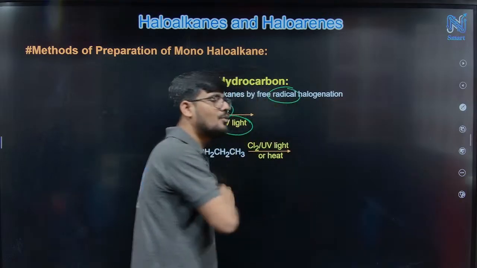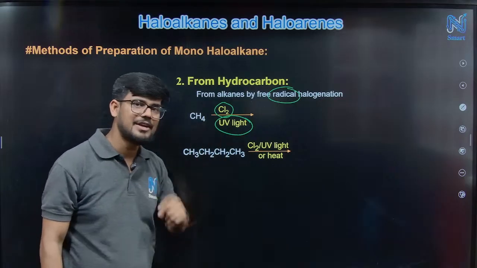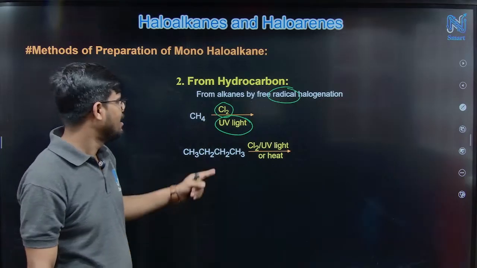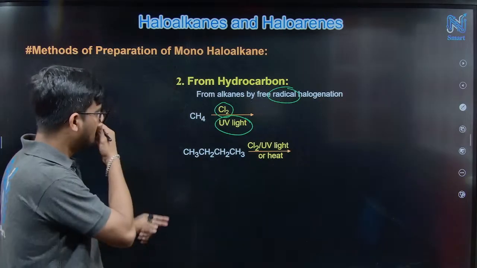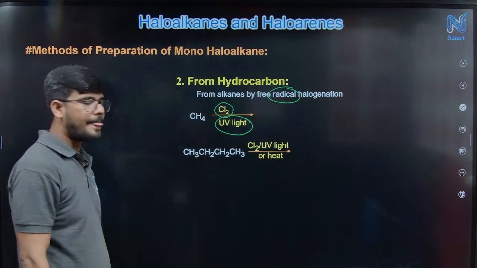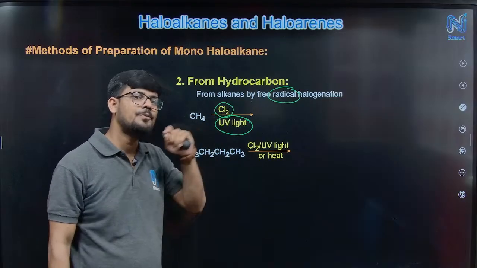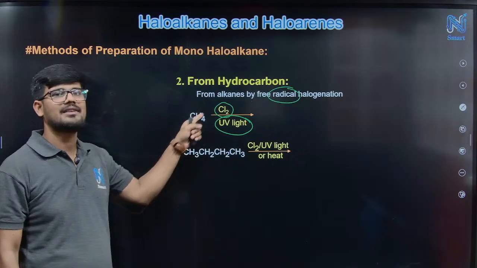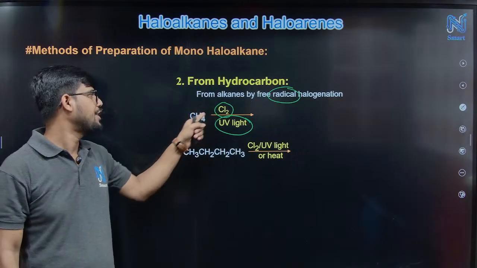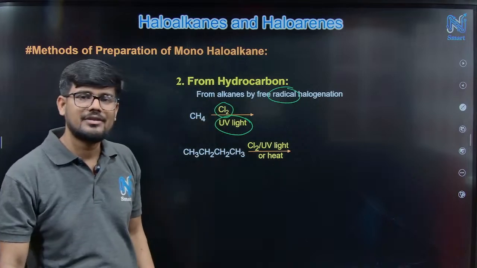This word radical will be there if UV light is there. So that will follow the radical mechanism. So now CH4, if Cl2 is present and under UV light, what product will you get? You will tell, sir, hydrogen is there, chlorine is there, so chlorine will replace this hydrogen and we will get alkyl chloride, right?